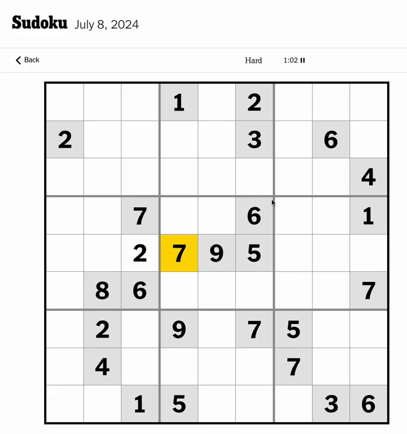And I can place 6 in box 6 because here's 6, 6, 6, 6.